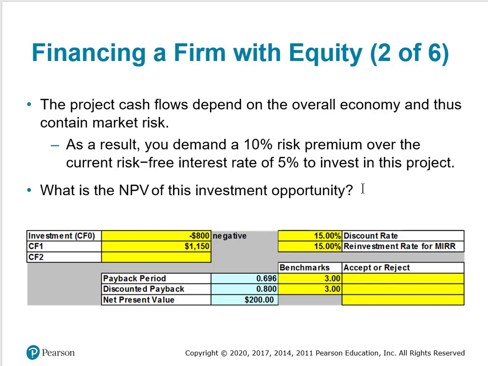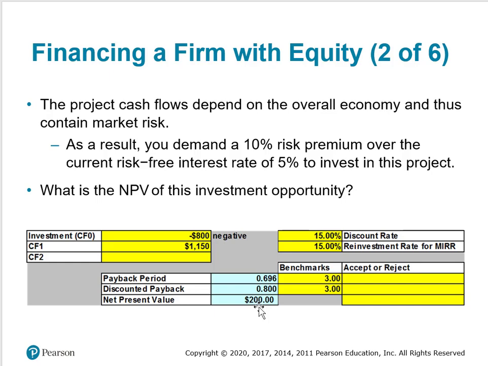We know that nothing in the world is necessarily risk-free, but if we assume a 10% risk premium and a risk-free rate of 5%, then we have a discount rate of roughly 15%. The net present value of this project is $200.